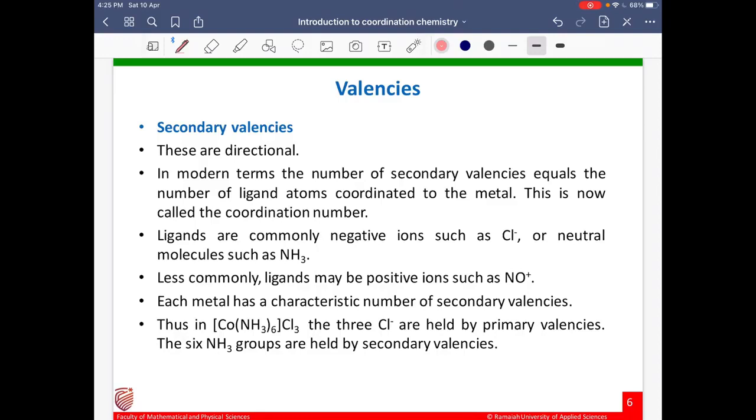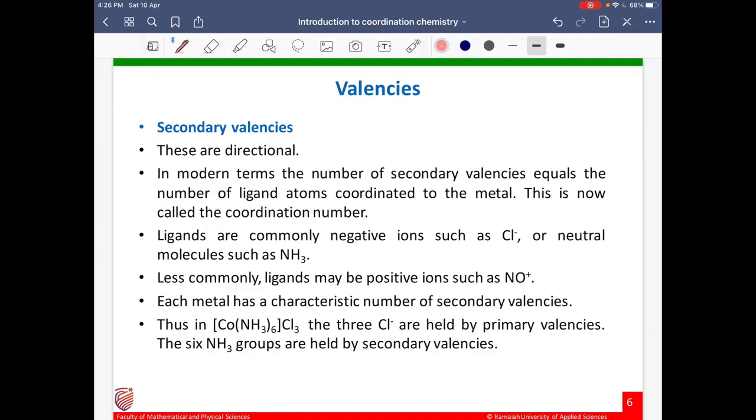This is now called the coordination number. Ligands are commonly negative ions such as chloride or neutral molecules such as NH3. Less commonly, ligands may be positive ions such as NO+. Each metal has a characteristic number of secondary valencies.